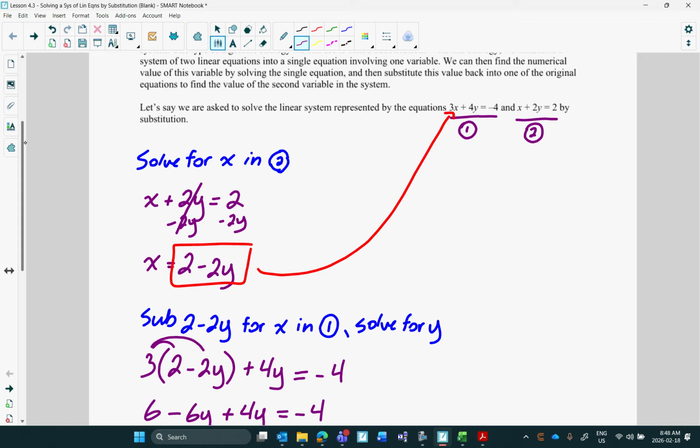Because if you go back up here, 3 times -8 is -24. 4 times 5 is 20, and -24 plus 20 is -4. And then -8 plus 2 times 5 is 10, -8 plus 10 is 2, works.